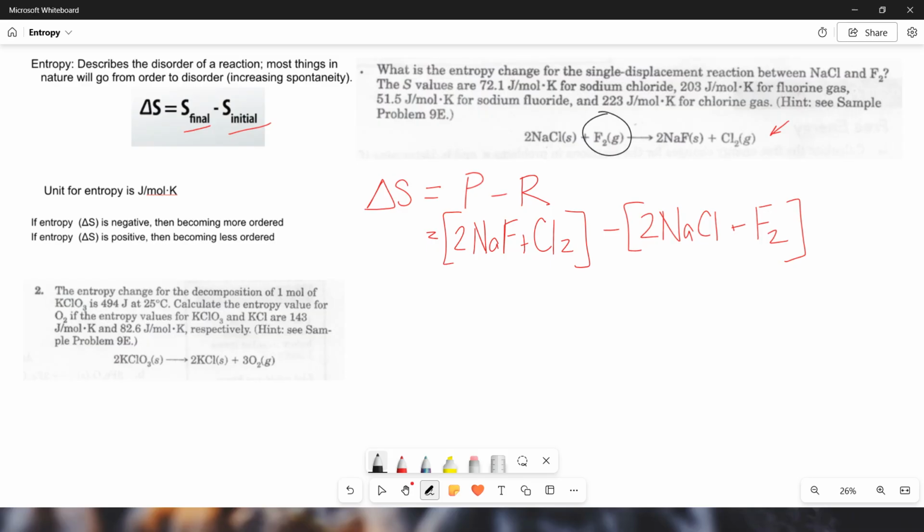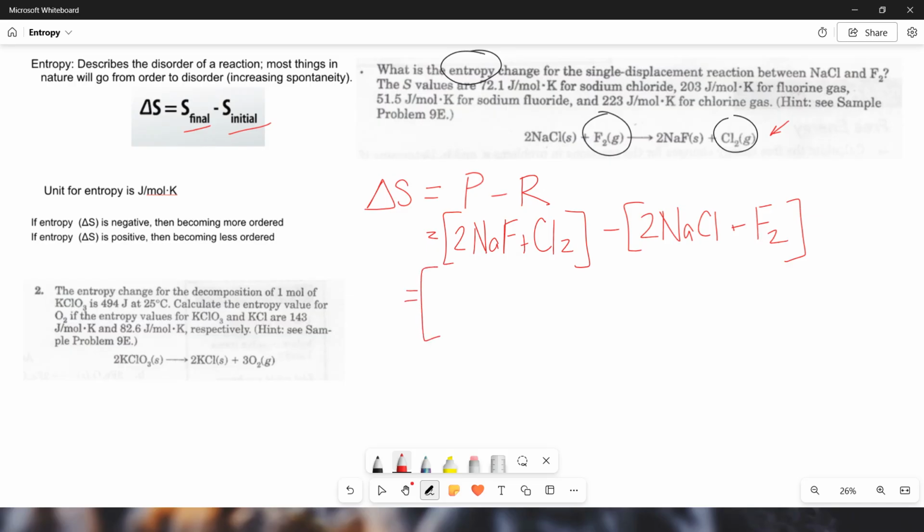Now, one thing I want to state, we have elements here. When we did enthalpy, delta H, elements do not become formed. Therefore, they have a 0 value. But when we're talking about entropy, elements are going to have a value. Okay, so don't get that mixed up.